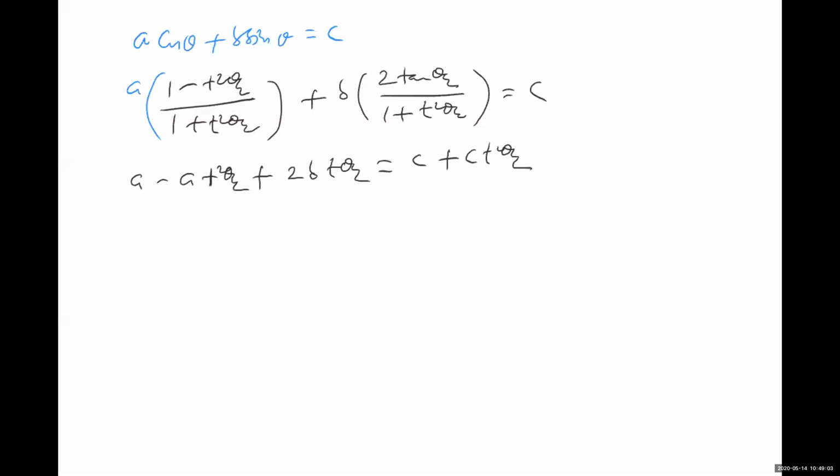So now you can write (A plus C) tan square theta by 2 minus 2B tan theta by 2 plus (C minus A) is equal to 0.